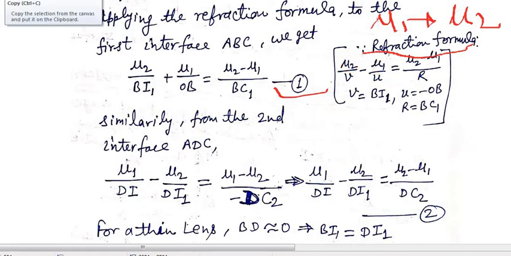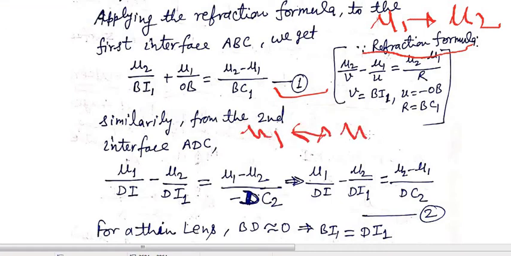You can again check figure number C. From figure number C you can observe that mu1 and mu2 both interchange from the previous case, and the object distance U will be plus DI1 and image distance V will be plus DI, both will be plus.